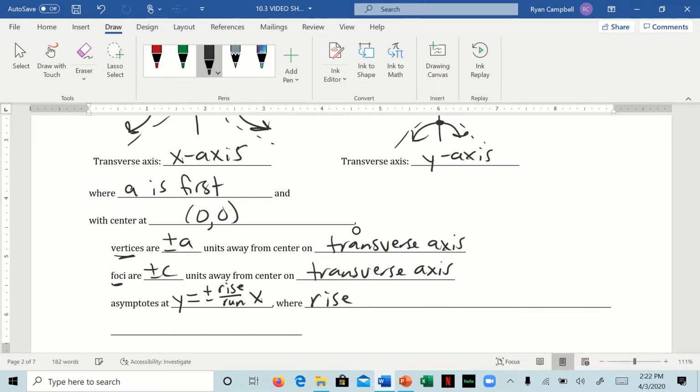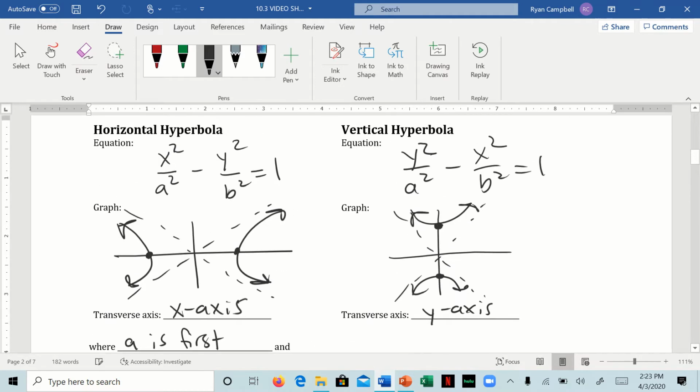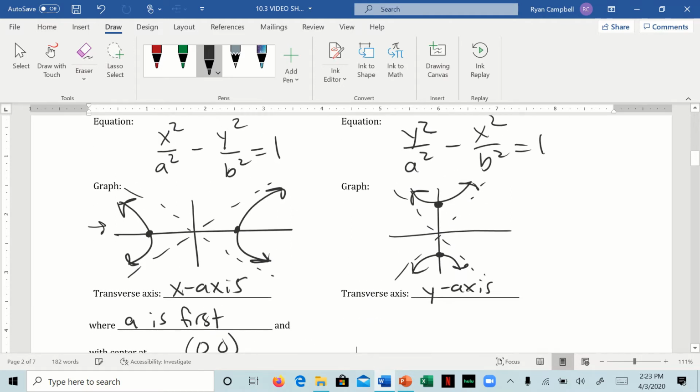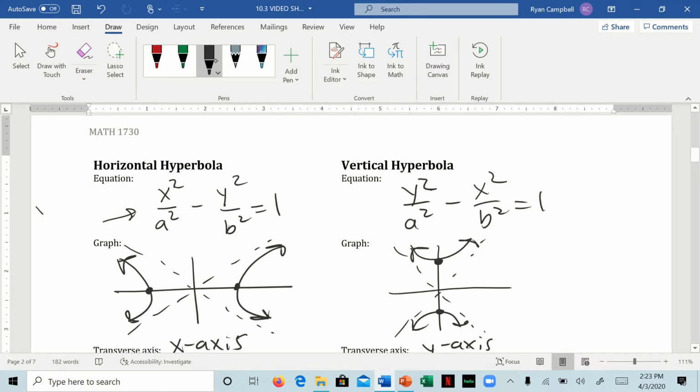Where the rise is going to be the A or B, it's going to be the one under the Y. The run is going to be whatever number is under the X, specifically A or B. So if we notice, in this case, for the horizontal hyperbola, we're going to have y equals plus or minus, what's under y?